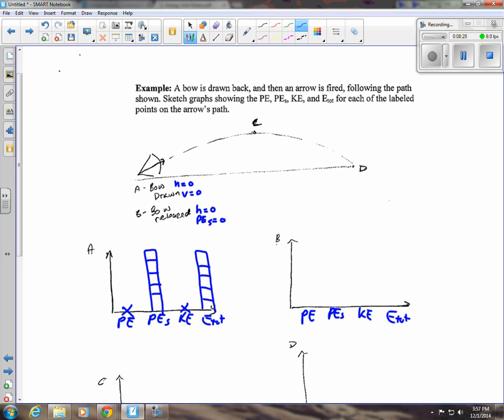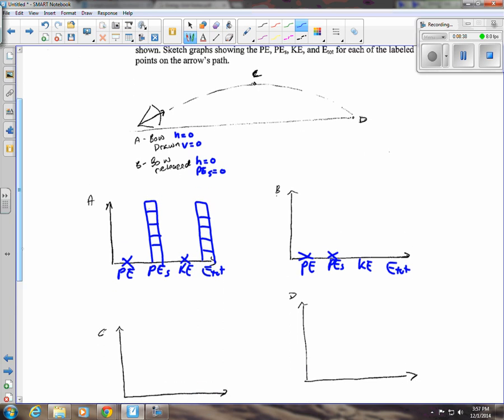We just said the height is 0, so potential energy is going to be 0. PES is 0 because the bow is no longer pulled back. I know that the total energy has to be 5 high. So how high does the KE have to be? Well, all of the energy now is kinetic energy, so the KE has to be 5 tall as well.